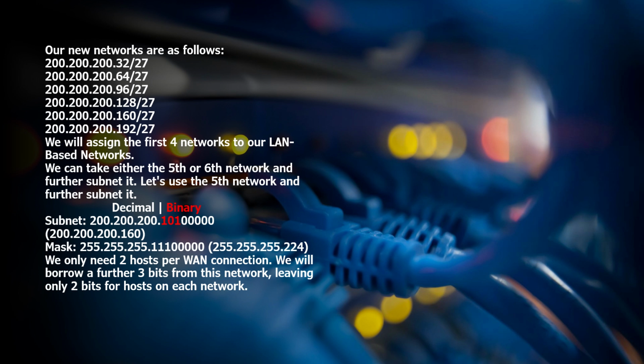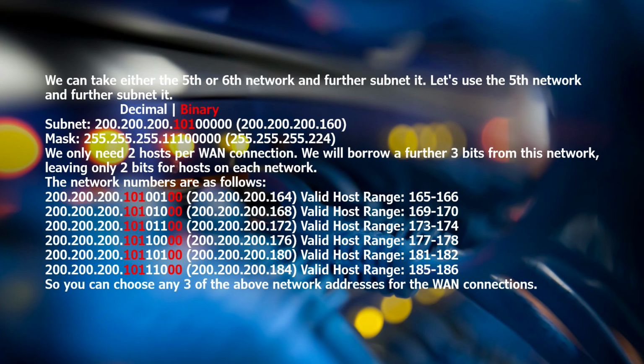We only need 2 hosts per WAN connection. We will borrow 3 bits from this network, leaving only 2 bits for hosts on each network. Again we will be receiving the network numbers as follows. We can see here 200.200.200, and some of the bits never change.